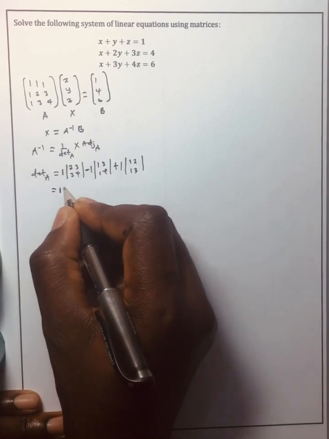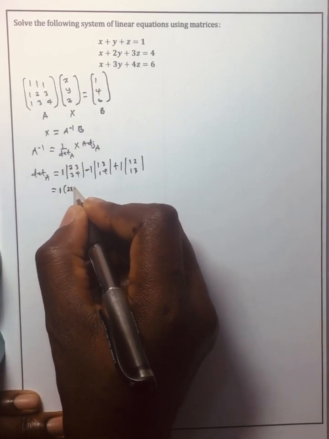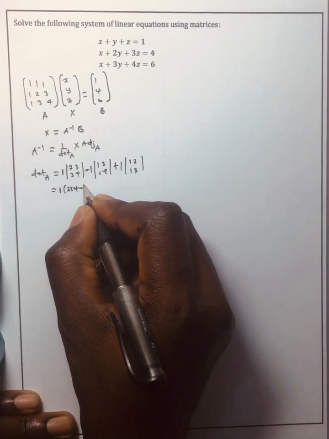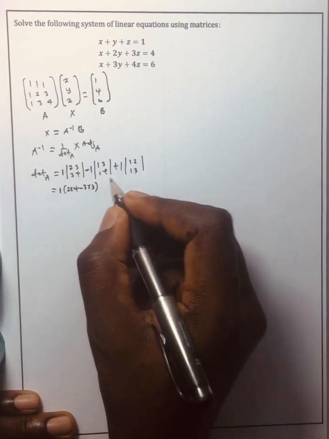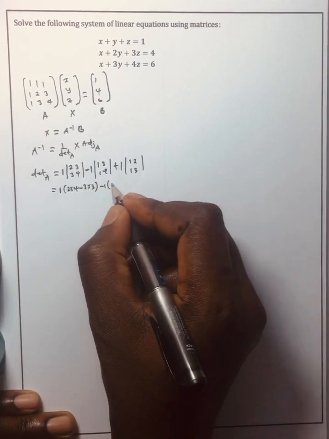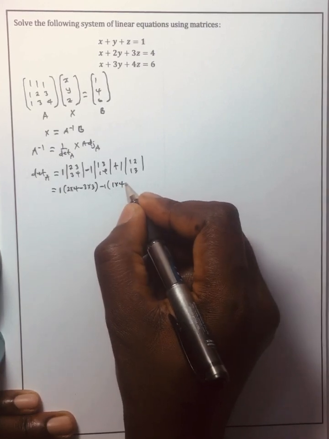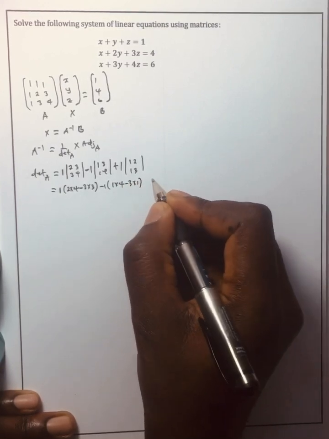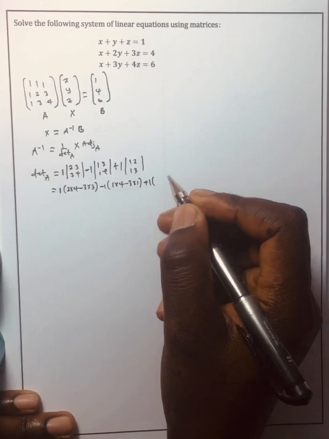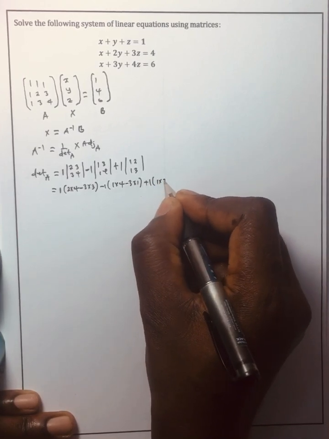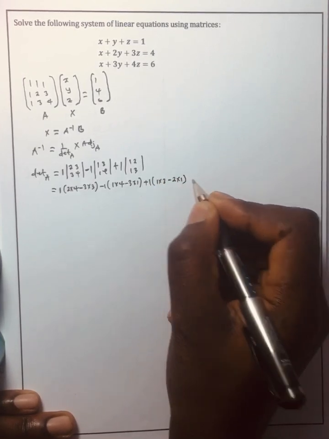That is 1 into 2 times 4 minus 3 times 3, minus 1 into 1 times 4 minus 3 times 1, plus 1 into 1 times 3 minus 2 times 1.